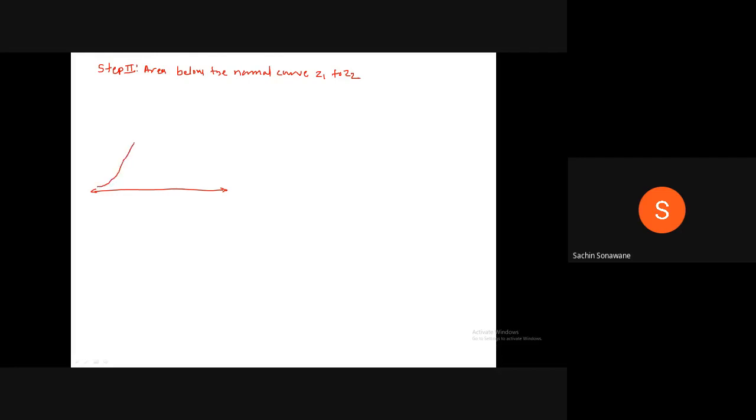This is the normal curve. Therefore, this is 0.